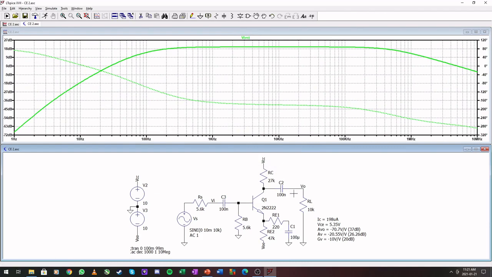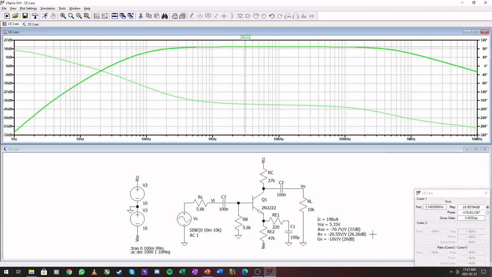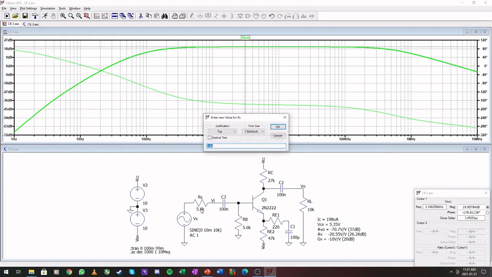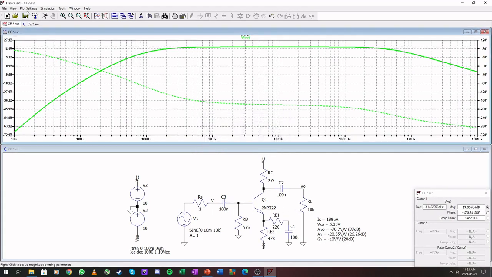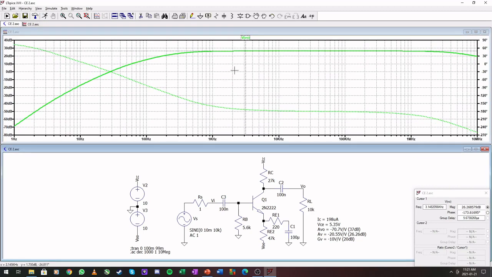Taking the output here, we have roughly 20 dBs. Okay, removing the source so that we can see the loaded gain. This is a 26.3 and this is a 26.26, so fairly close.